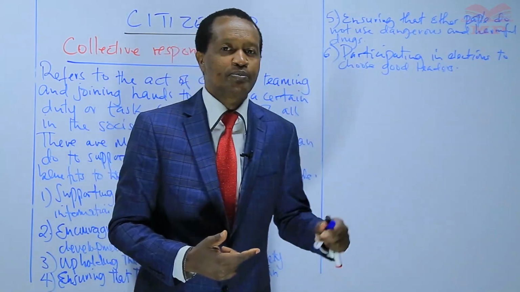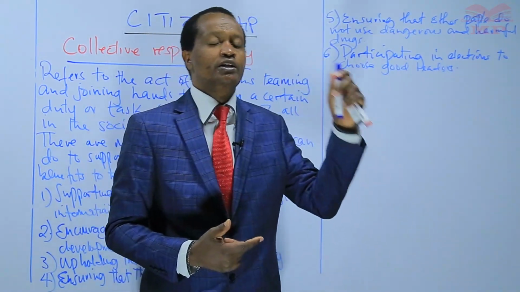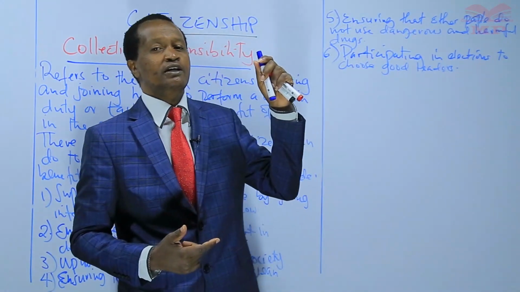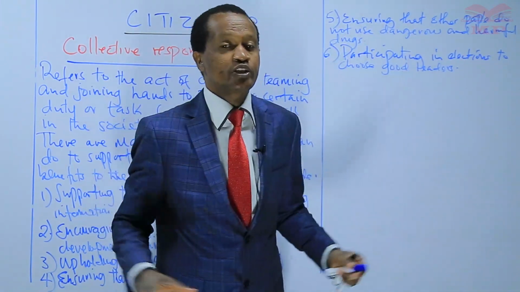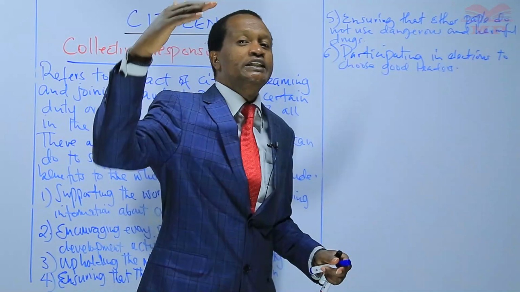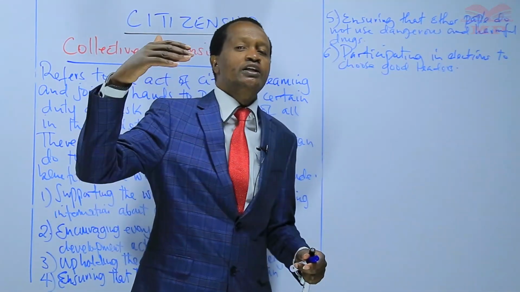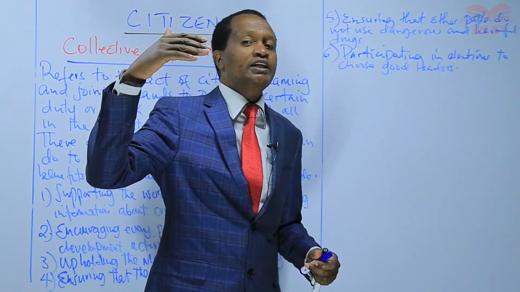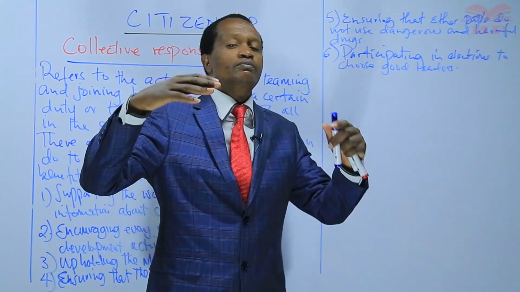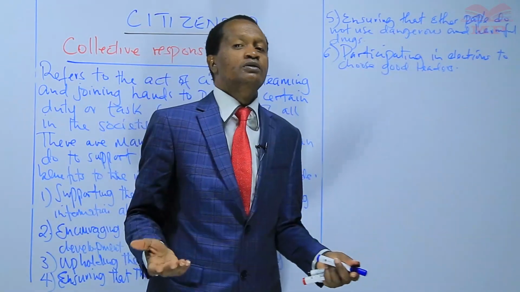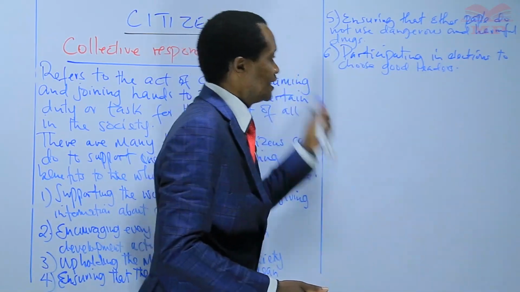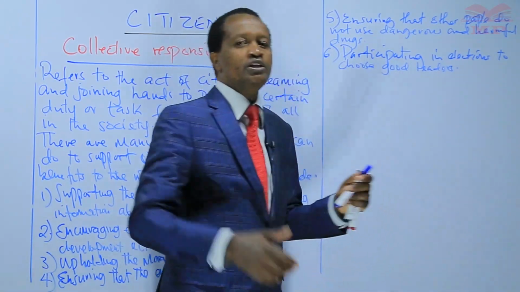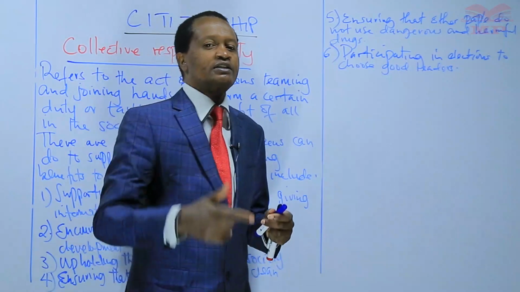And when corrupt leaders are in positions of authority, we may not have a good society because they will steal our resources. They will not make good laws. So it's important that we participate in elections in order to choose good leaders.